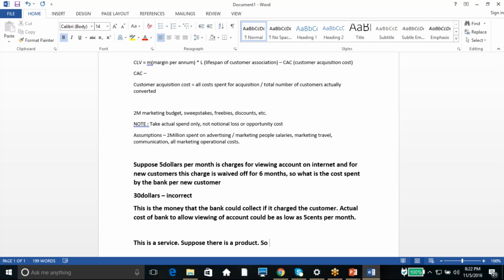So you have a scheme, buy one, get one free, and the cost of the shirt is 200 rupees, while the selling price is 1000 rupees.